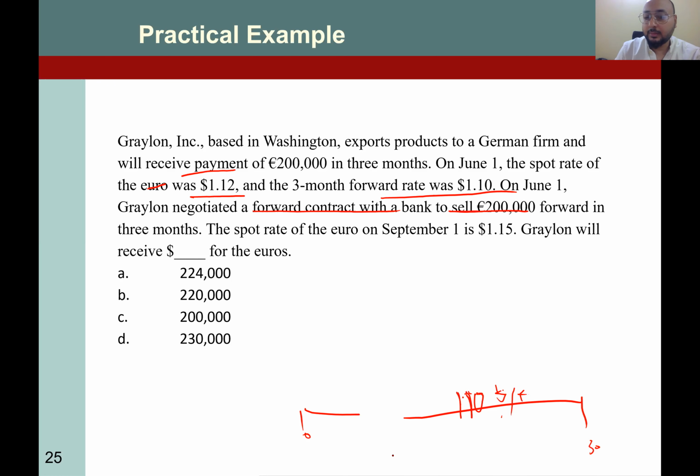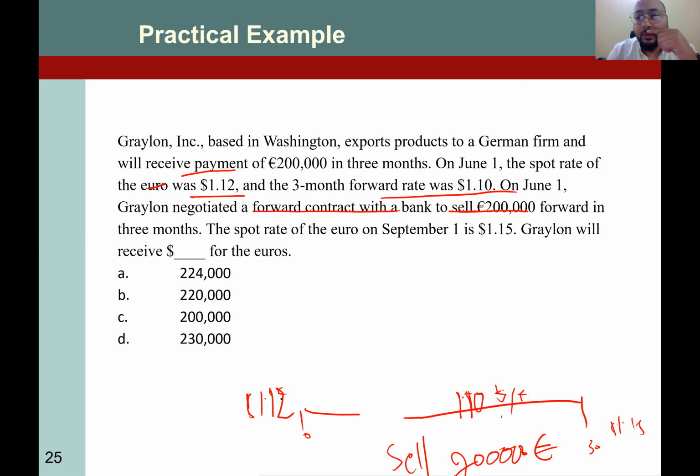And the reference is sell 200,000 euro, right? So the spot rate of the euro on September 1st here would be $1.15, and here it is 1.12.